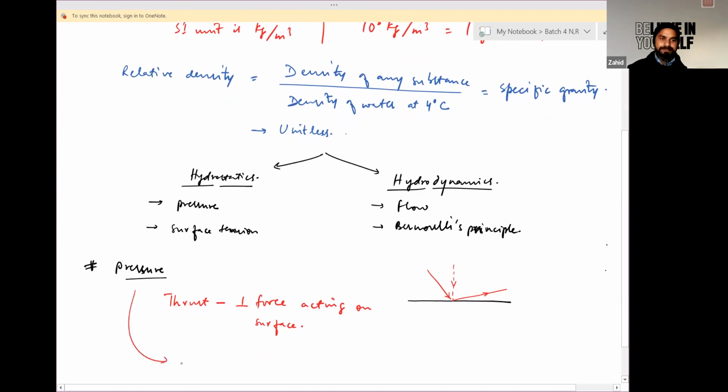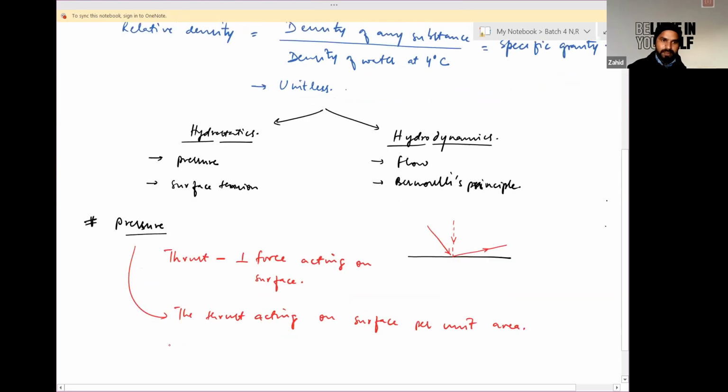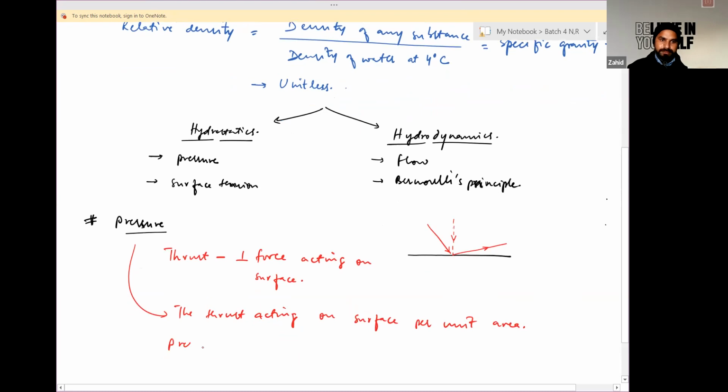So pressure is the thrust acting on surface per unit area is called pressure. So pressure equals to thrust divided by area of cross section.